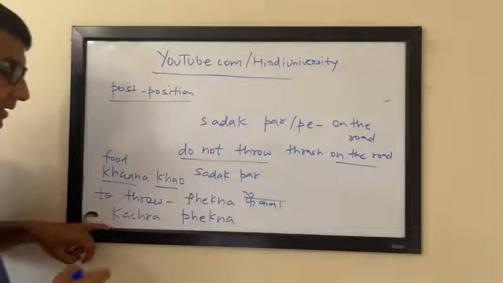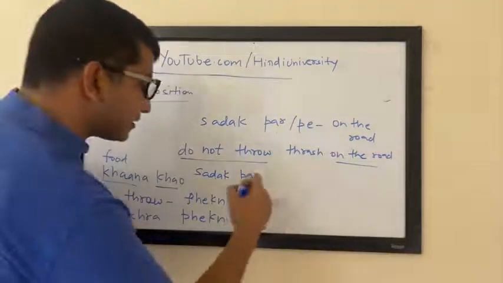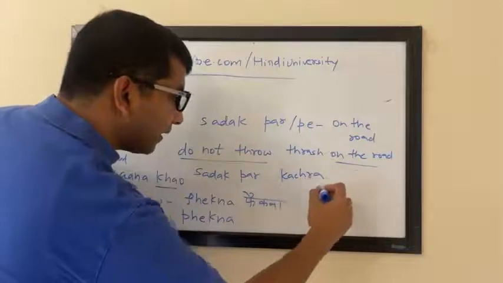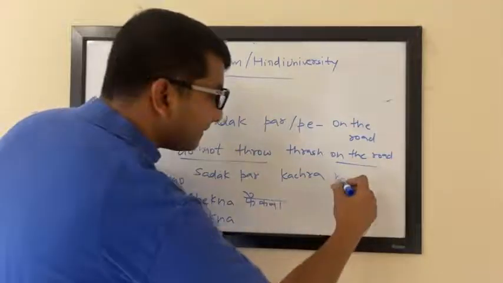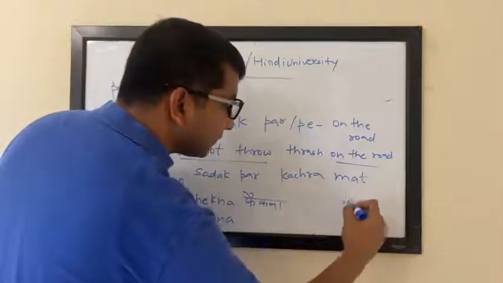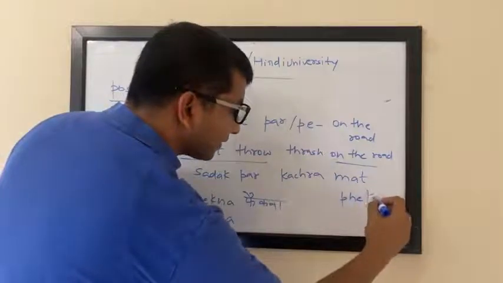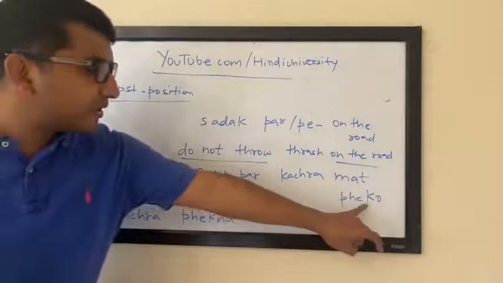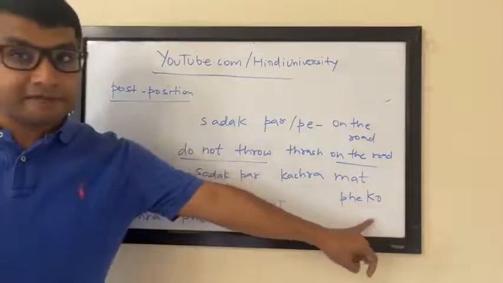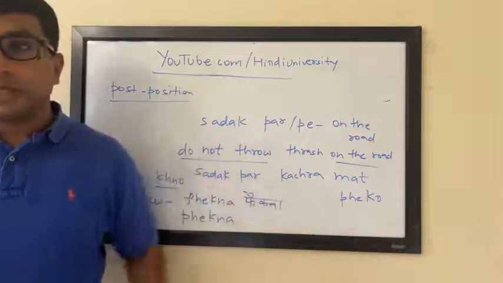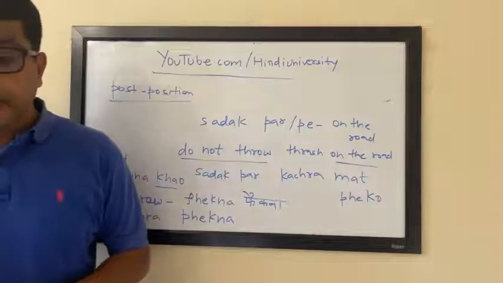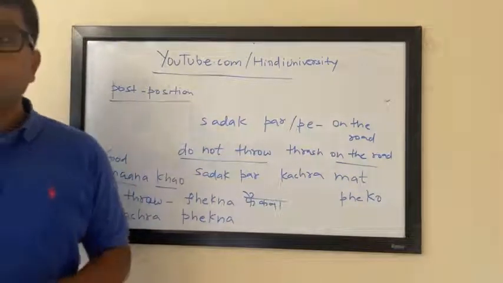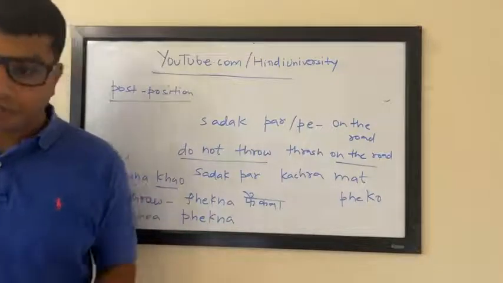And then in a negative sense, you are saying सड़क पर kachra, because it's negative, you are saying mat फेंको. And you can use the other forms of imperative, like सड़क पर कचरा मत फेंकिए. If you want to be direct, सड़क पर कचरा मत फेंक. If you want to be extremely polite, सड़क पर कचरा मत फेंकिएगा. So all the 4 forms of imperative that we have learned.